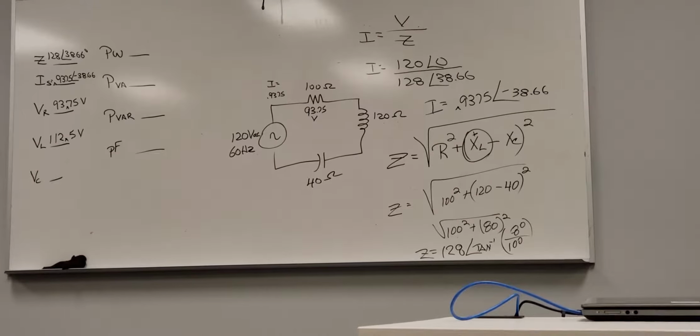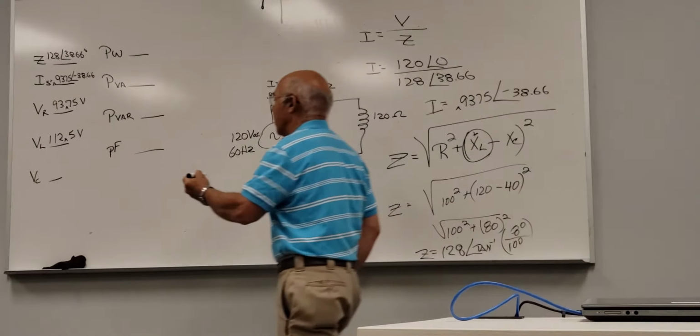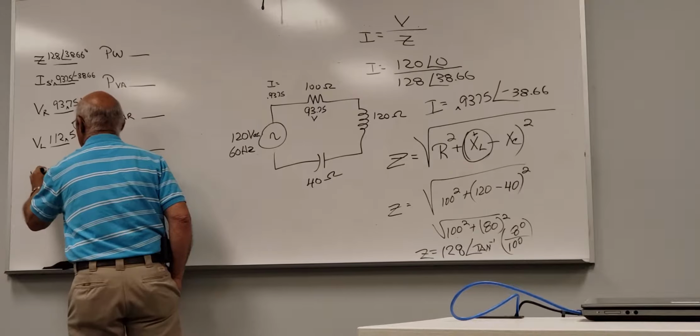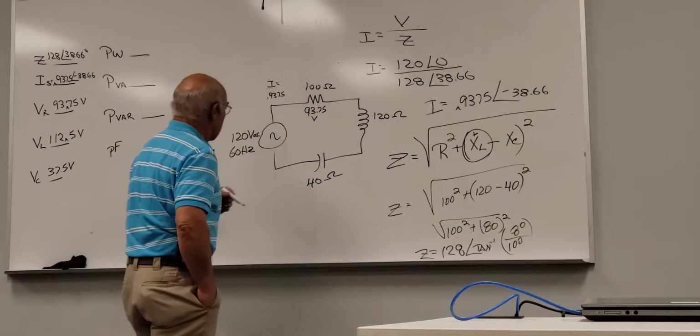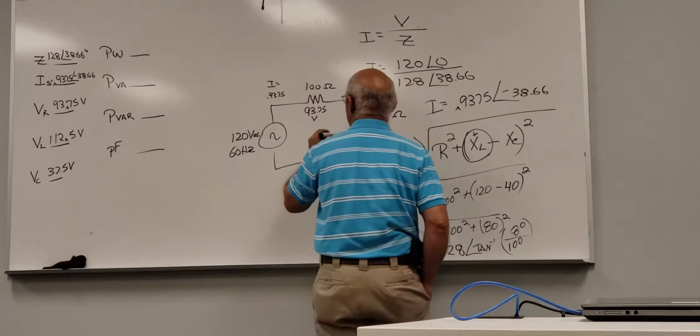We got 40 ohms times 0.9375. 40 times 0.9375 equals 37.5. All right. So 93.75 volts, 112.5 volts, 37.5 volts.